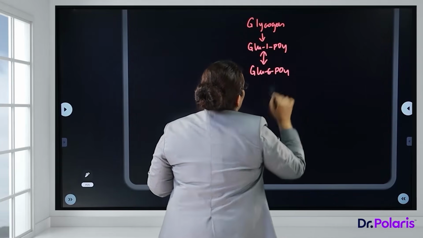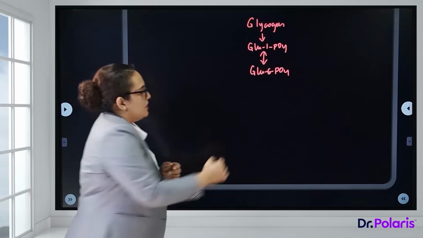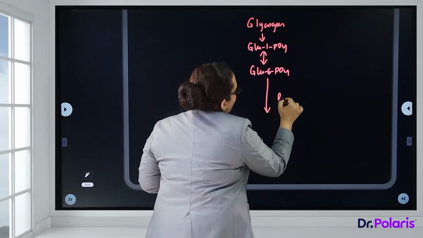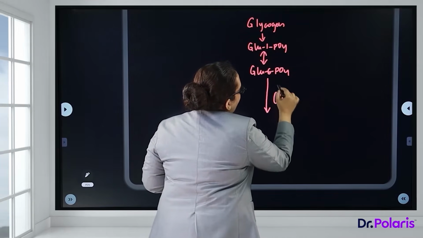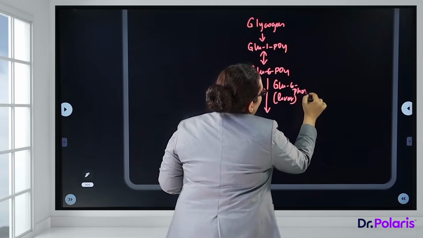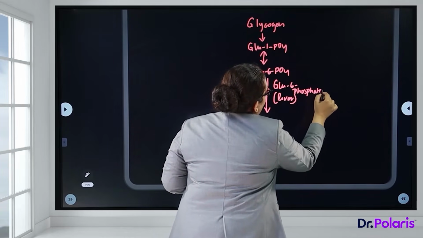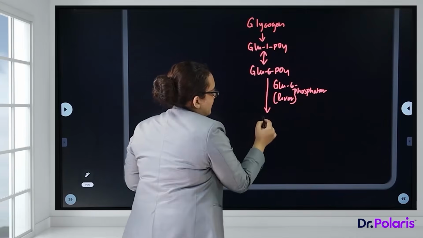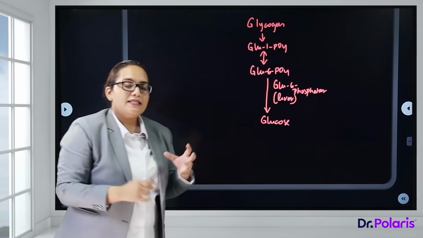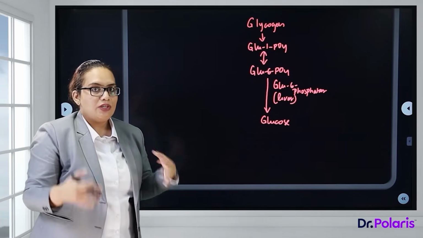Now this point is very crucial. Glucose 6-phosphate is normally in the liver broken down by glucose 6-phosphatase. We all know that, and then glucose is formed. But in von Gierke's disease, the enzyme glucose 6-phosphatase is deficient or defective.